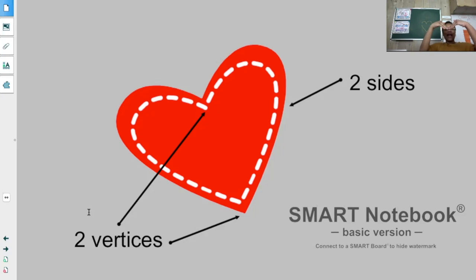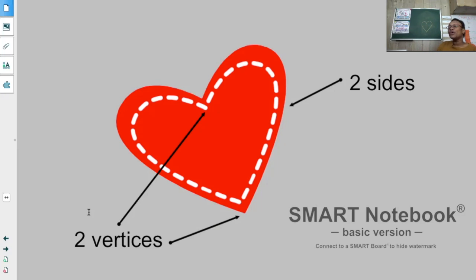So there are two points on the heart where those curved or straight-like edges or sides meet and they touch. That means in these two places, they do form a corner or a vertex.